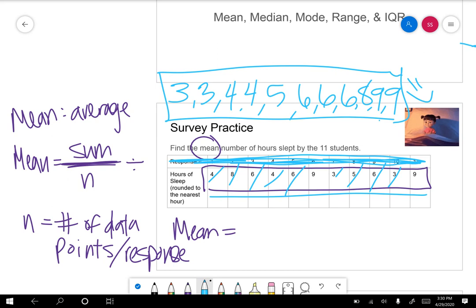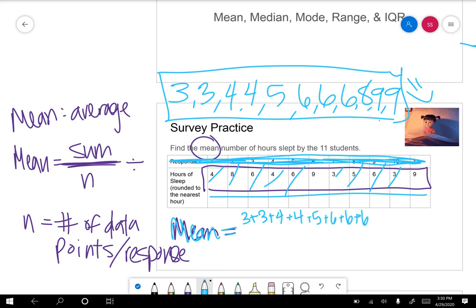Okay, back to the mean. Let's calculate the mean of our data, the average number of hours slept by these 11 students. So again, the first thing we want to do is find the sum. The sum just means we add all the numbers together. So 3 plus 3 plus 4 plus 4 plus 5 plus 6 plus 6 plus 6.